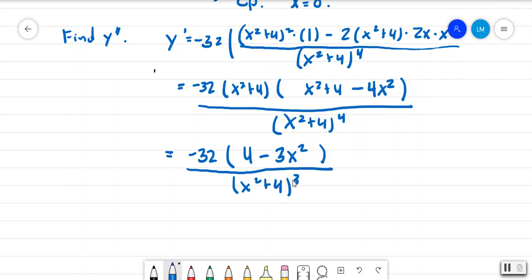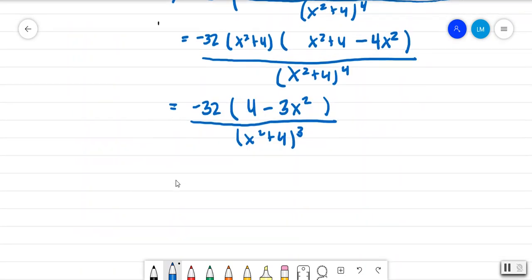Now, this tells us that we basically have two inflection points because when you solve for this, the inflection points are x equals plus or minus 2/3 root 3.